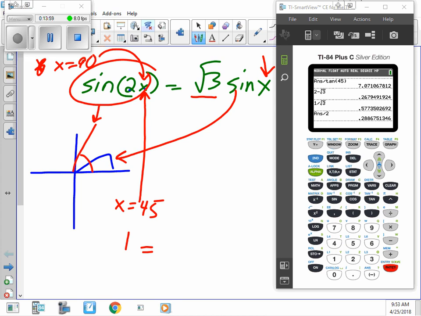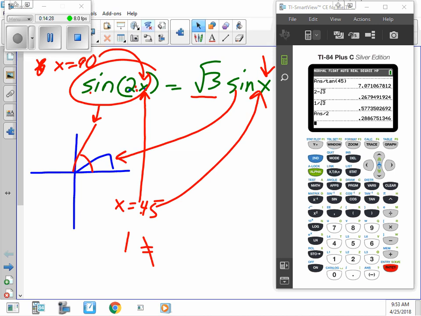So we're taking 45, plugging it in, timesing it by 2, getting 90. The sine of 90 is 1. If I put 45 in there, root 2 over 2. What is root 3 times root 2 over 2? Root 6 over 2, which is not 1. Right? It's not equal to 1.